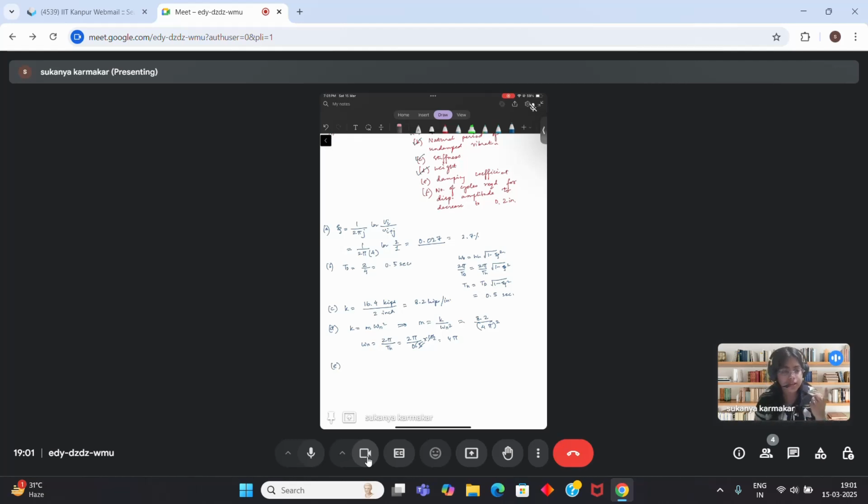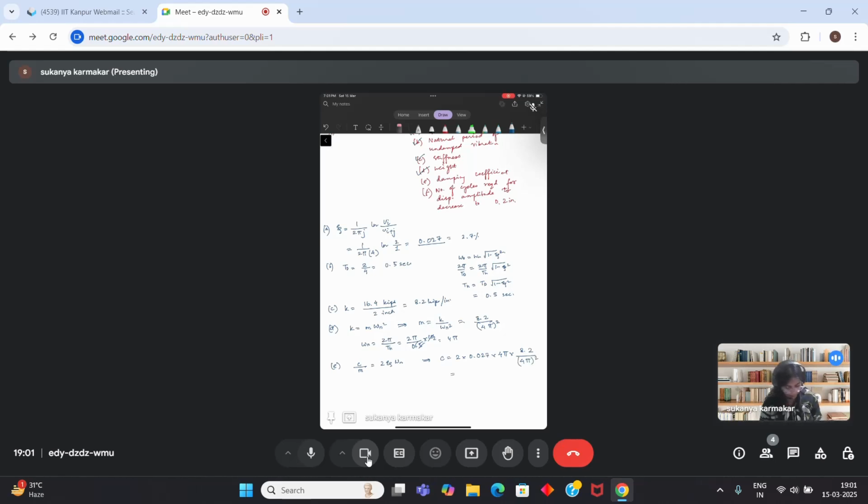Then how do I calculate damping coefficient? Damping coefficient means C. How do I calculate C? Zeta root under 2 km. Yes, so C by M is equal to 2 zeta omega n. We can use this for what you suggested. So if you calculate C using this formula, zeta is 0.027, omega n is 4 pi, and mass would be this number, 8.25, so pi whole square.